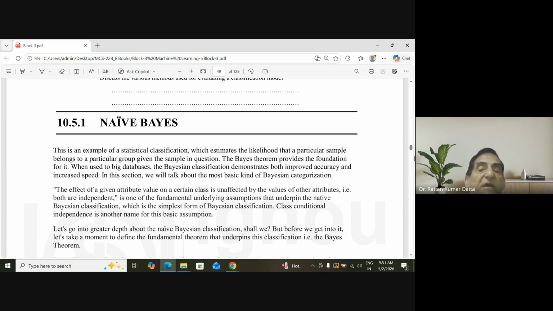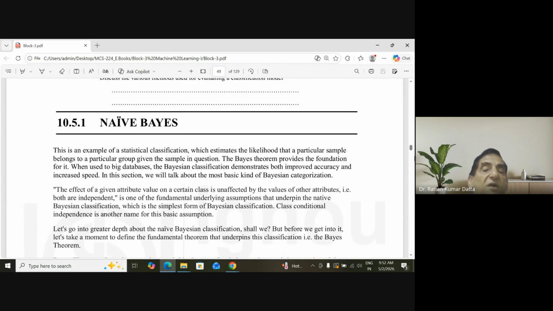The Bayes theorem provides the foundation for it. When used on big databases, the Bayes classification demonstrates both improved accuracy and increased speed.